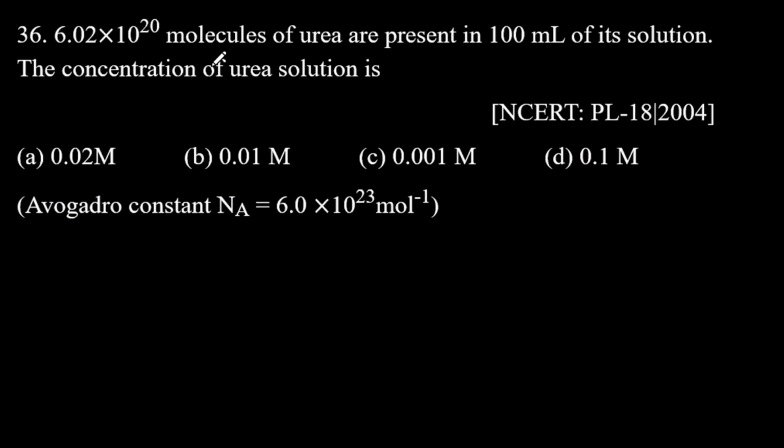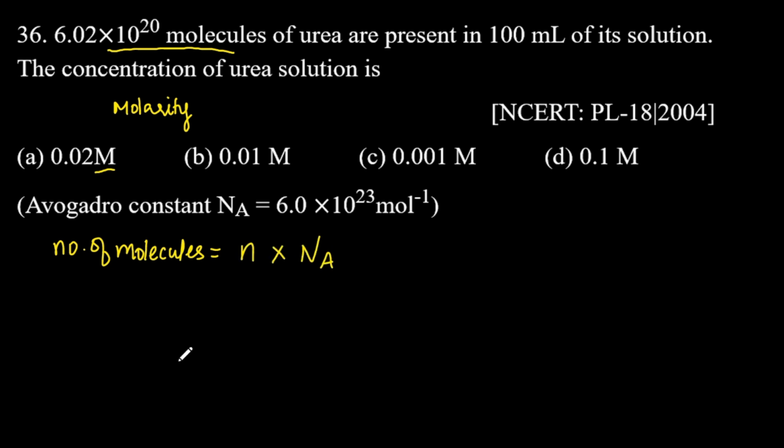6.02 into 10 power 20 molecules of urea are present in 100 ml of its solution. The concentration of urea solution is. Here the concentration is having the unit capital M, so the concentration is expressed in terms of molarity. In this question, number of molecules are directly given. The formula of number of molecules is equal to number of moles into Avogadro number.